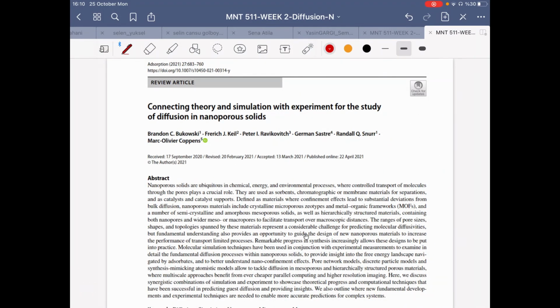And for example, this is a very good review article published this year in 2021, connecting theory and simulation with experiment for the study of diffusion in nanoporous solids.